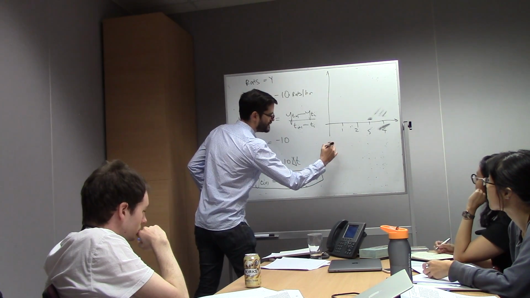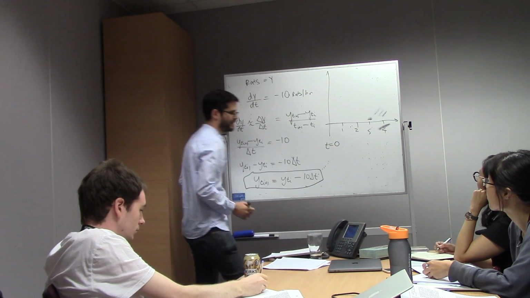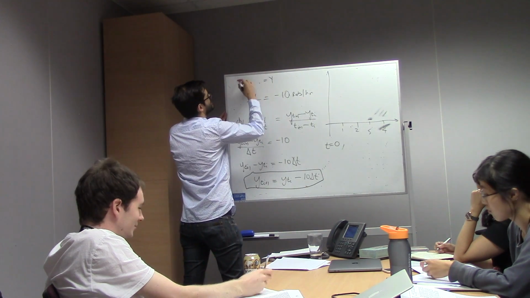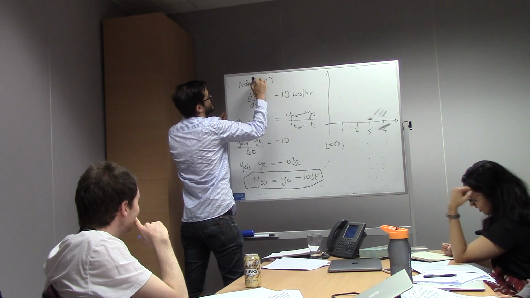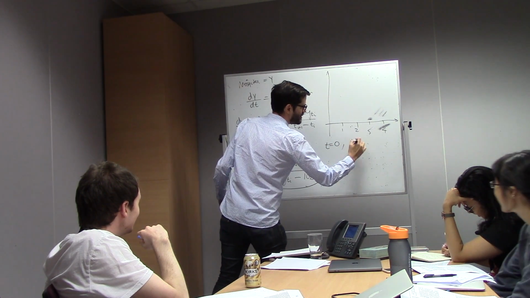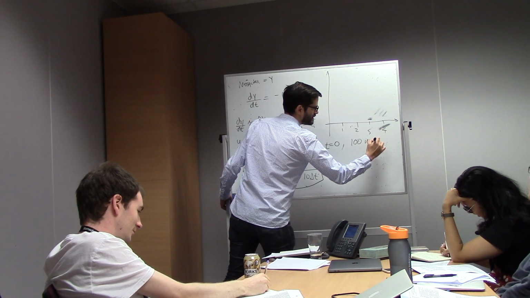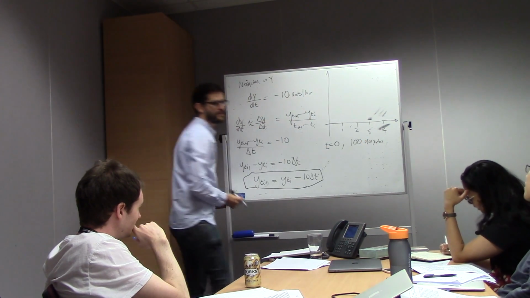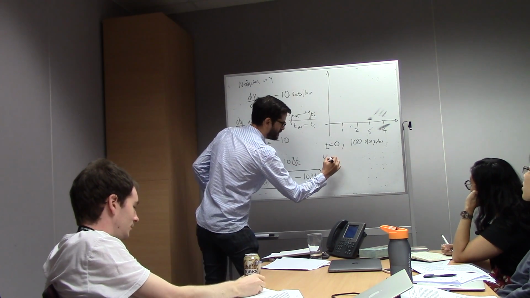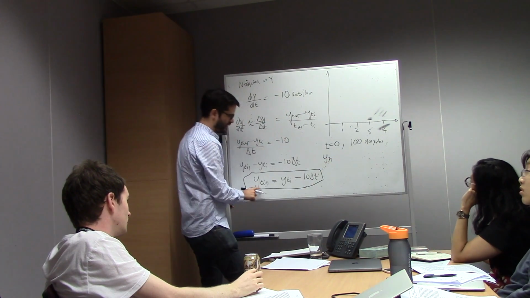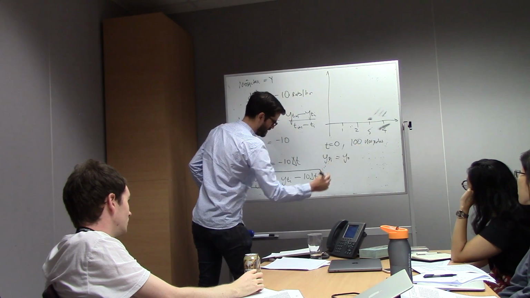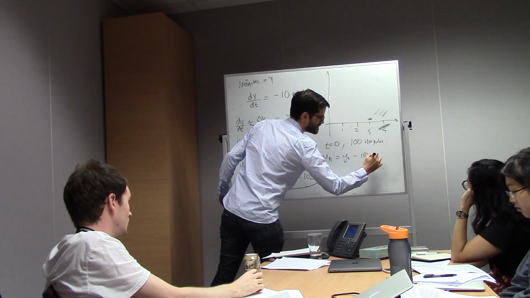So say at t equals 0, there are initially 100 mosquitoes. Now let's put that in. y of t1, the next time point, equals y of 0, the initial condition, minus 10 times delta t.